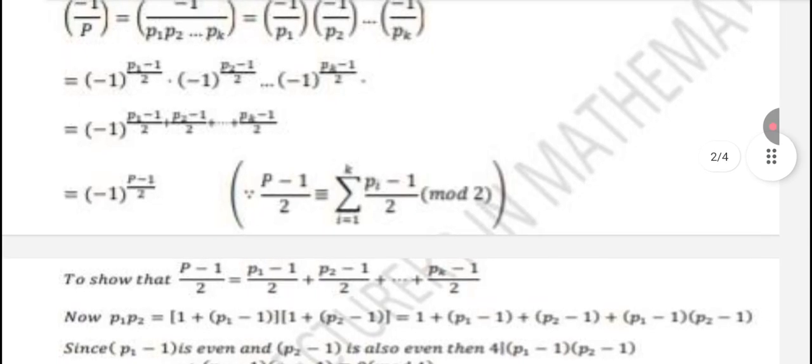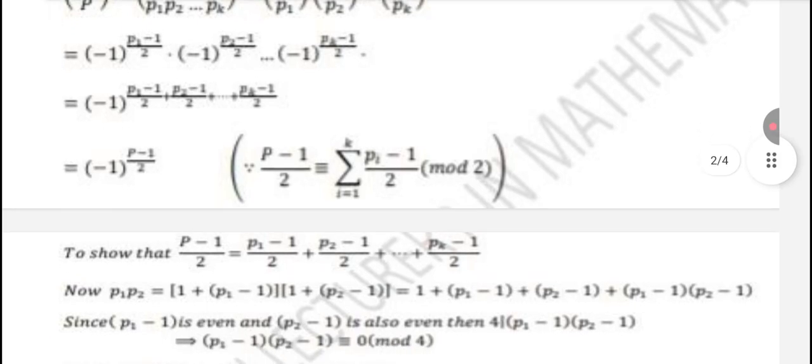But what is p1-1? p1 is an odd integer, so p1-1 is automatically an even number, and similarly p2-1 is also an even number. So the product of these two will be divisible by 4, so 4 divides (p1-1)(p2-1).